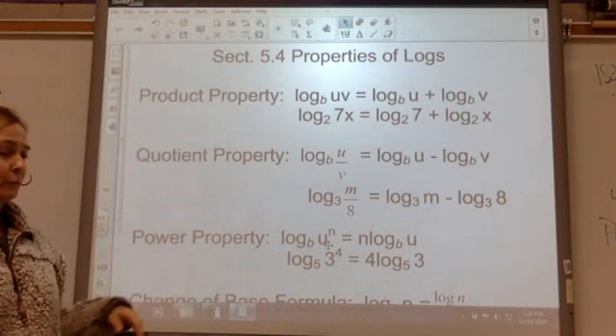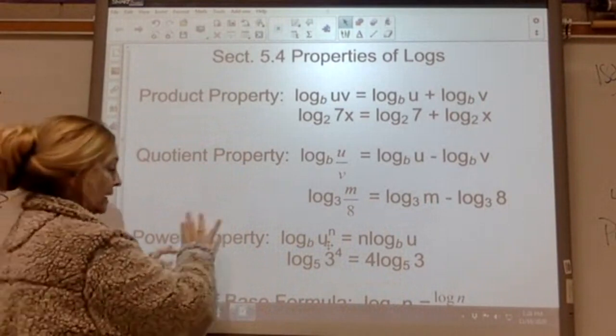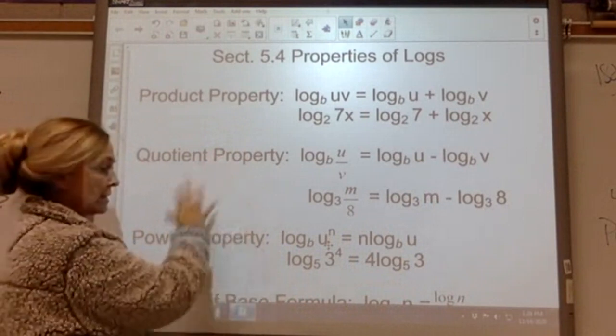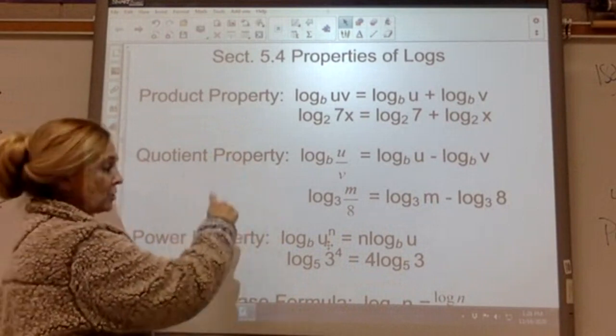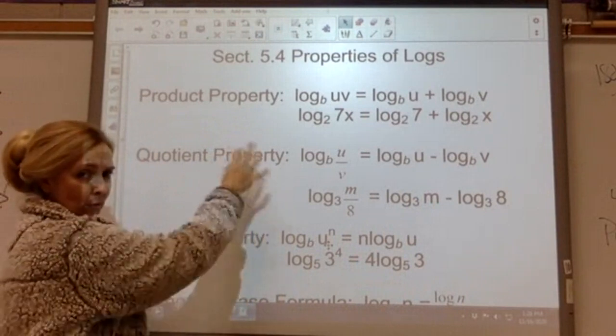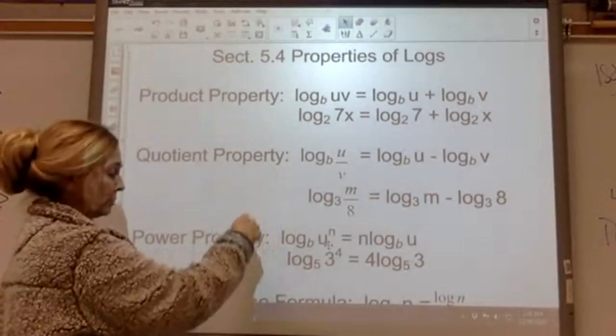The power property. When we have exponential problems, when we have a base raised to a power and then that is all raised to a power, then you multiply the two exponents, the one inside the parentheses and the one on the outside. You multiply those.